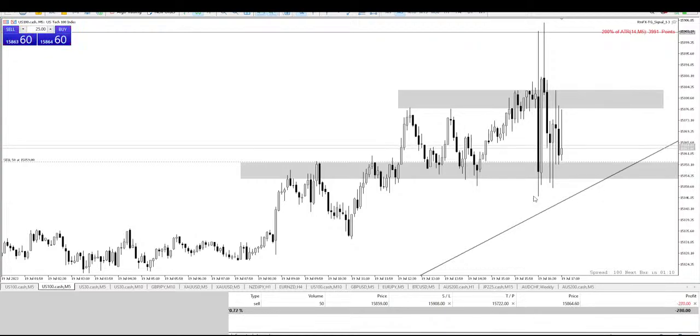So it's a trade-off. You could wait for that and not take it, or you could go with what you've seen in the past. I've seen it push down, keep going, and that's what I went with.